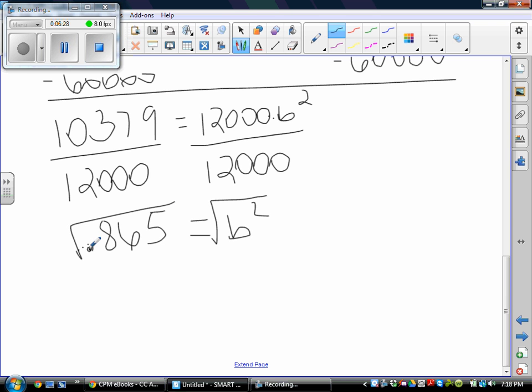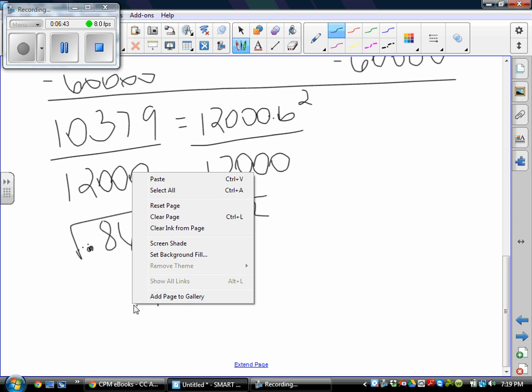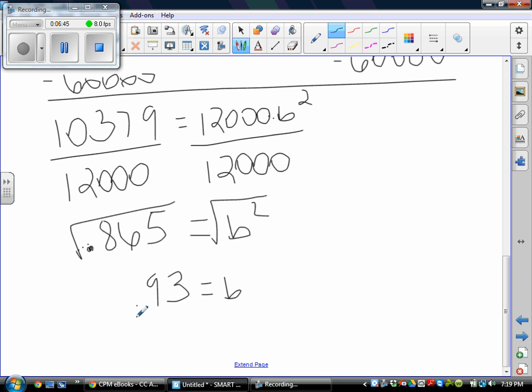So we're going to take the square root of about 0.865, and we're going to get 0.93 is b, or my multiplier. Which makes sense because the population was going down, if you remember. It's going down, so my multiplier needs to be less than 1. So that is a good thing.